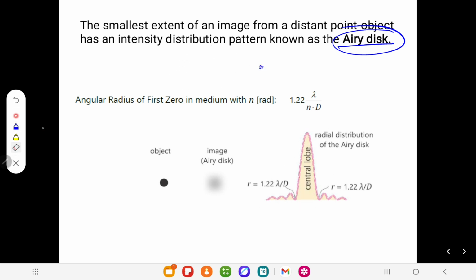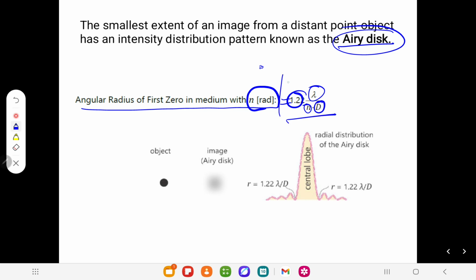We can calculate the size of the Airy disk. The angular radius of the first zero in a medium, in radians, can be calculated by this formula, which you will see a lot in your visual acuity chapter: 1.22 lambda divided by n, the refractive index of image space, 1.336, and D, the diameter of the pupil, because in our eye it's the pupil.